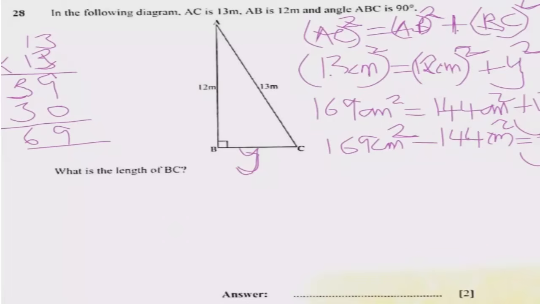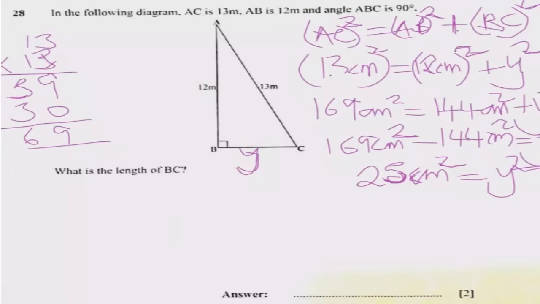Okay, so we find the difference of that. So the difference of 169 and 144 is 25 centimeter squared, which is equal to y squared.